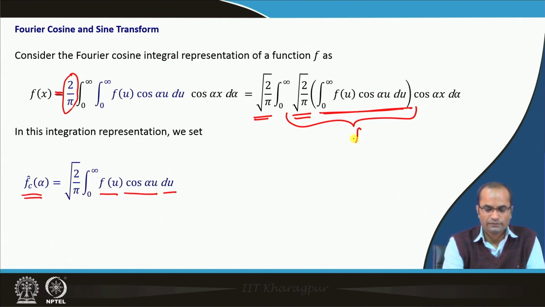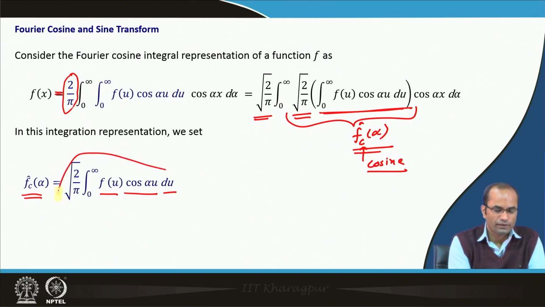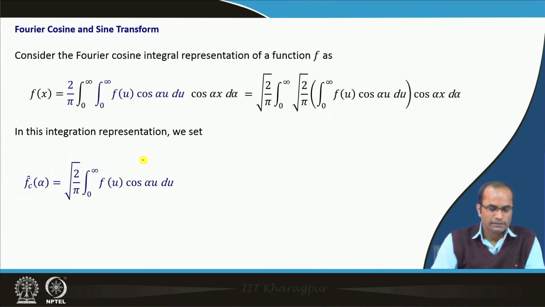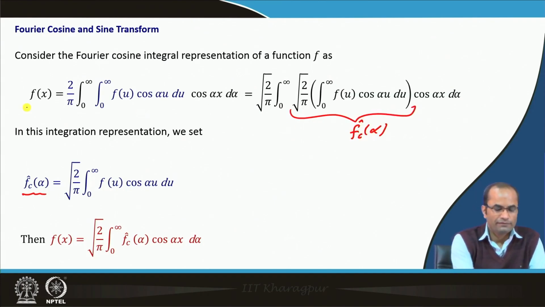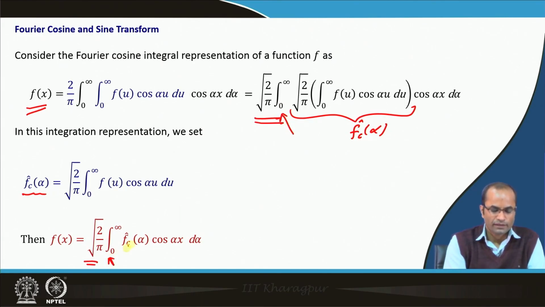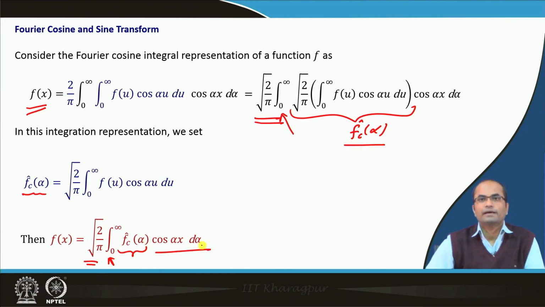So, this portion we have given a new name, f hat c, where c stands for cosine, and since this is a function of alpha, we are calling it f hat c of alpha. Once we have denoted this f hat c of alpha, then f(x) would be square root of 2 over pi times the integral from 0 to infinity of f hat c of alpha cos(alpha x) d alpha.